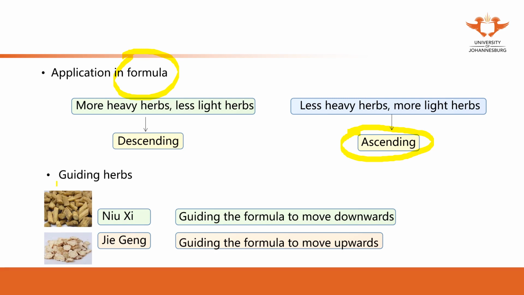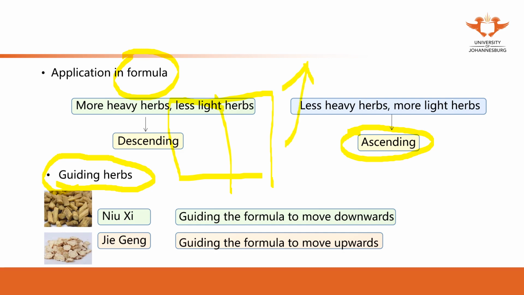The guiding herb. We also can use the guiding herb in one formula. Even if you use heavy herbs and light herbs, if you want to make the formula move outwards, then you can add jie geng.